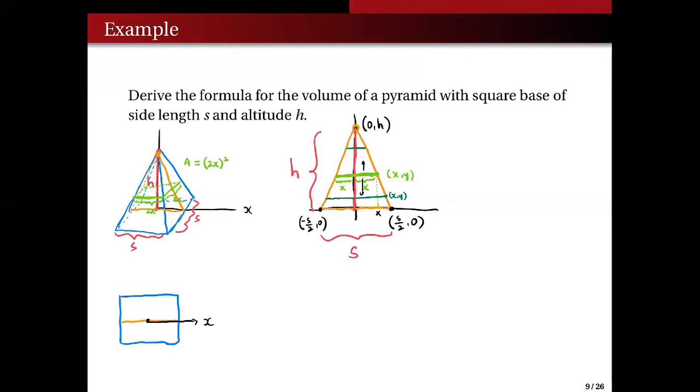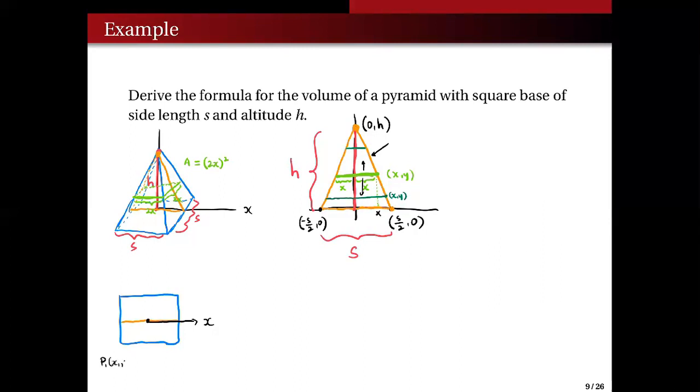Now, keep in mind, you have this point up here, 0, h, and you have this point here, s over 2, 0. You can write the equation of the line that contains that segment. Okay? We can use the two-point form if you remember that. Let me recall it here.